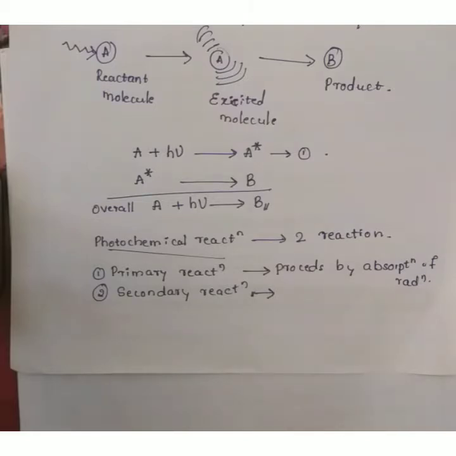That is, by absorbing the light radiation, the reactant goes to the excited state, and there in the excited state it undergoes thermal reactions and decomposes to form a product. Such reactions we call secondary reactions.